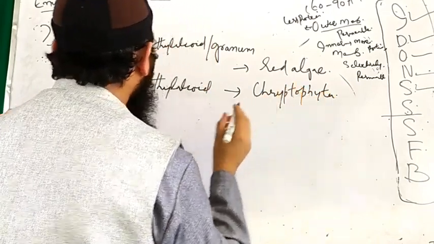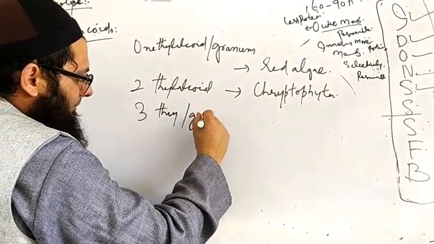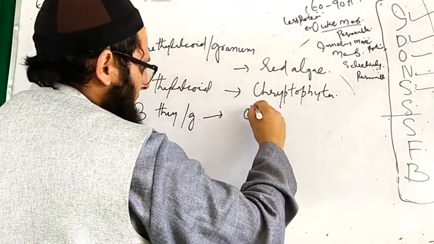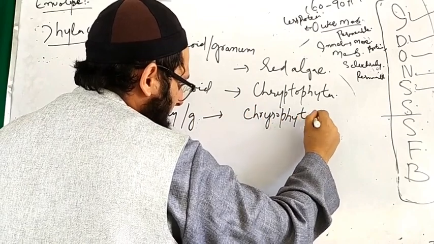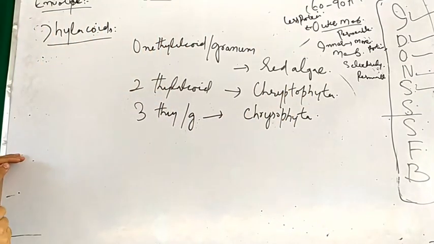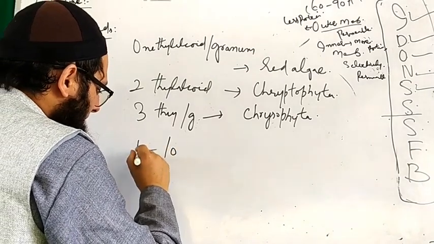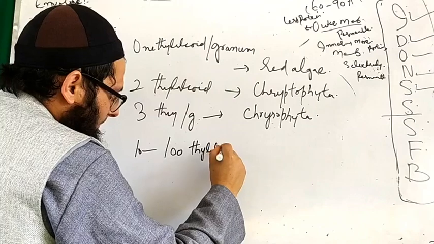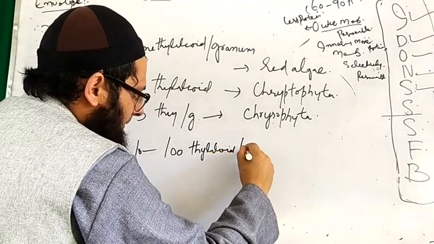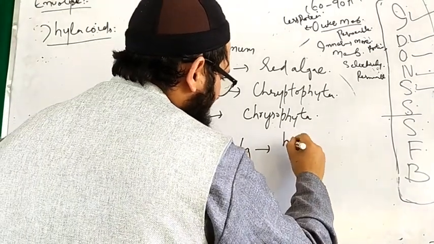It's also an algae. We have 3 thylakoids per granum in case of Chrysophyta, and we have about 10 to 100 thylakoids per granum in case of higher plants.